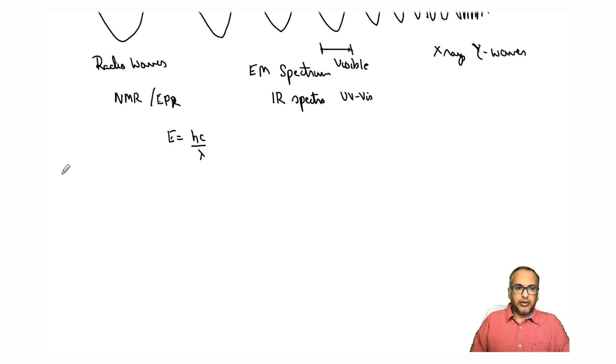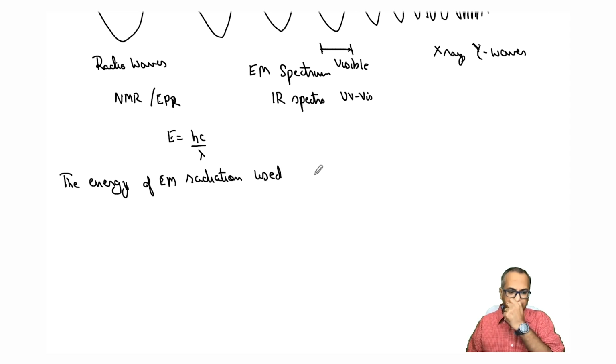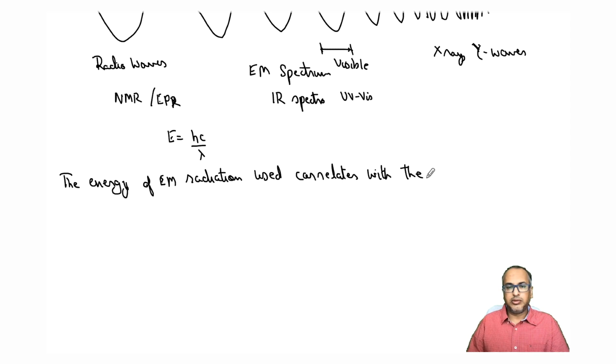So let's try to write down a few changes and a few types of spectroscopy. So the energy of electromagnetic radiation used correlates with the change that occurs in the molecule.